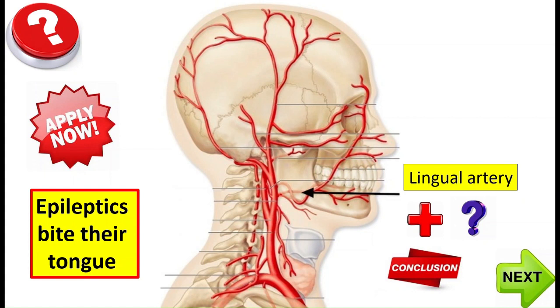So we know now that the tongue is very well supplied with blood, and whenever we see an epileptic patient having a fit, it is very important that we put a piece of plastic or plastic bar and push the tongue in and put the plastic bar between the teeth so that the patient will not bite the tongue and then bleed a lot.